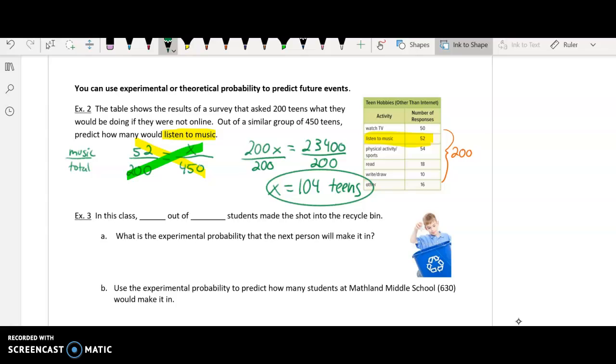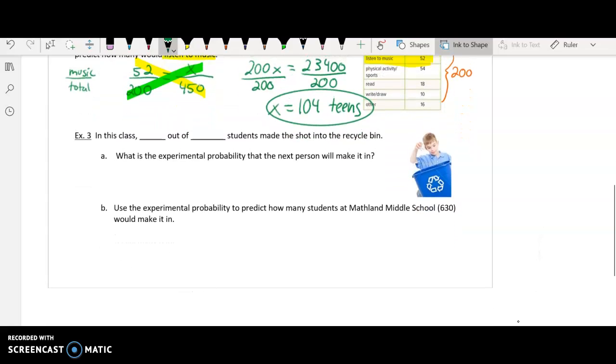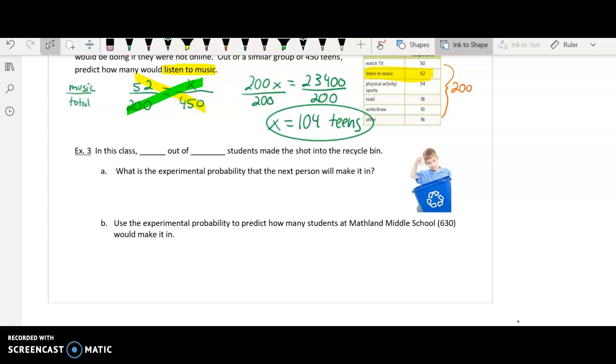And one more example for today. So I'll have to make up these numbers since we're not in class. Let's say we have a class of 26 students, and we'll say 11 of those students made the shot into the recycling bin from the same line.